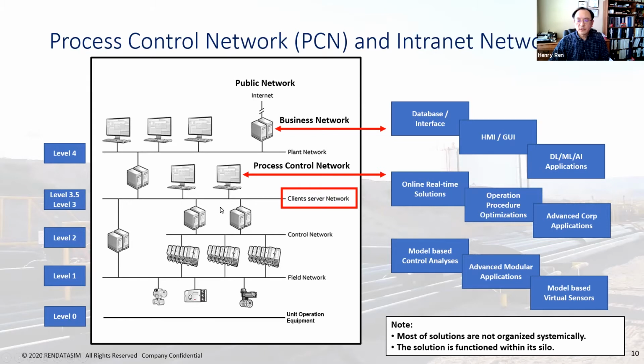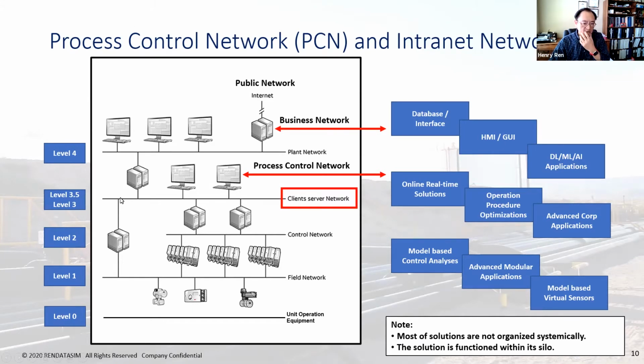Level 3 is advanced applications and the client server network, as we call it. And level 3.5 is a DMZ zone for advanced applications. So in the past, a lot of solution applications were at either level 3 or 3.5.